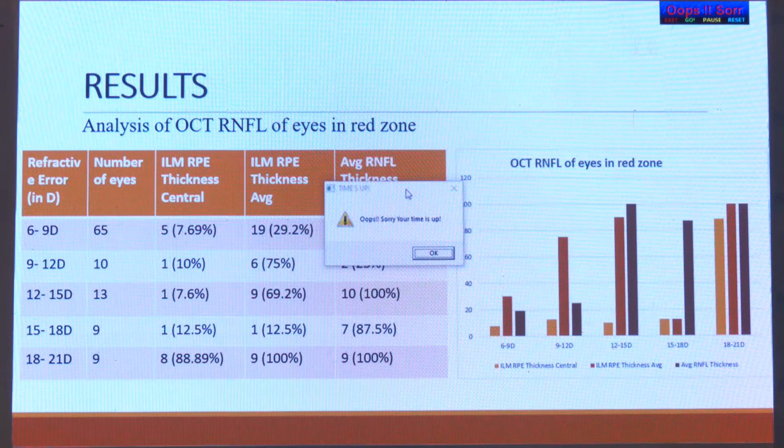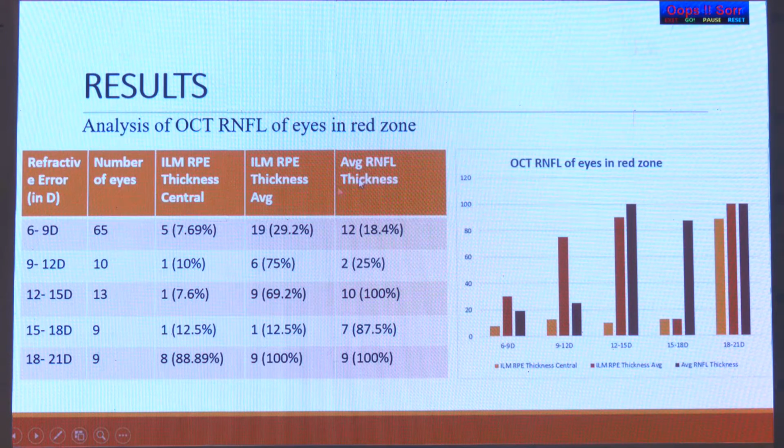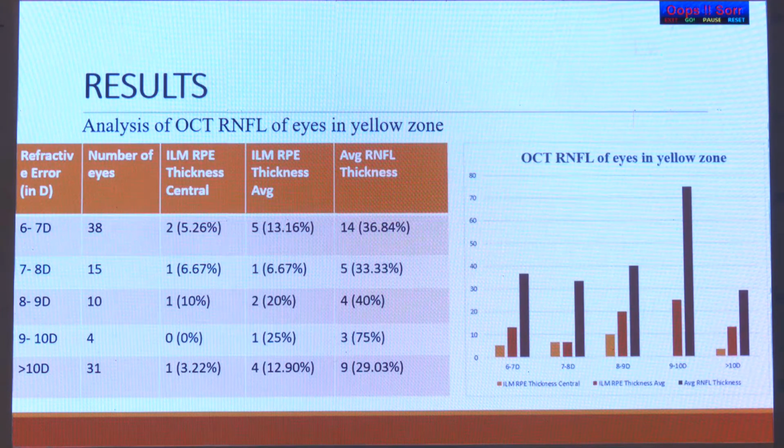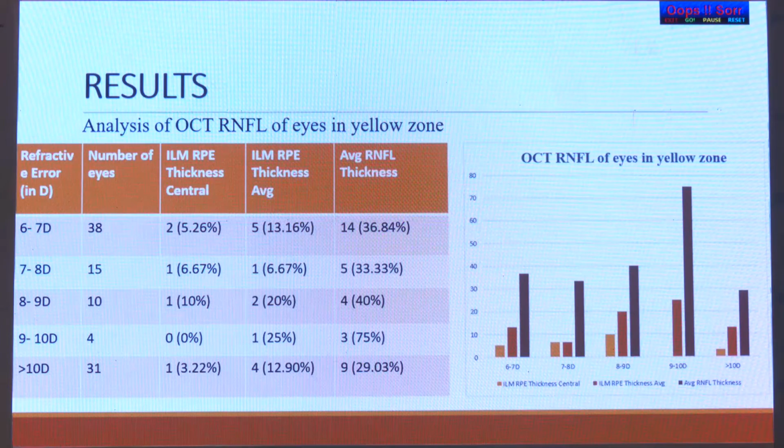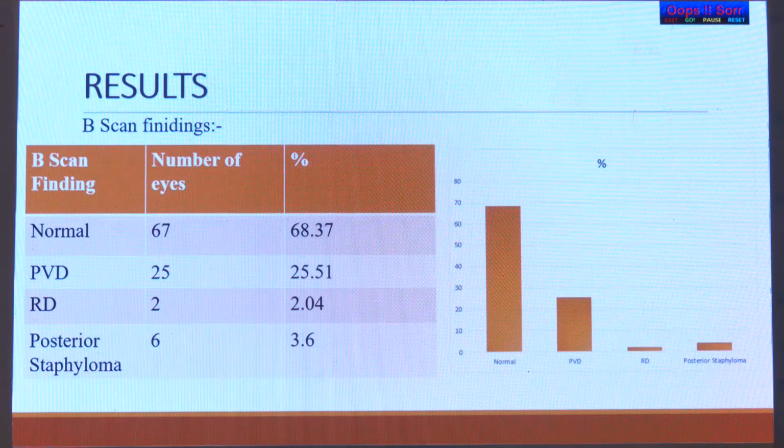Then changes in the OCT RNFL in red zone: the majority were present in 12 to 15 diopter with the average thickness in 100%. Then OCT RNFL in yellow zone. Then B-scan findings: normal B-scan findings were present in 68.37%, with posterior staphyloma in only 6 cases, which consist of 3.6%.